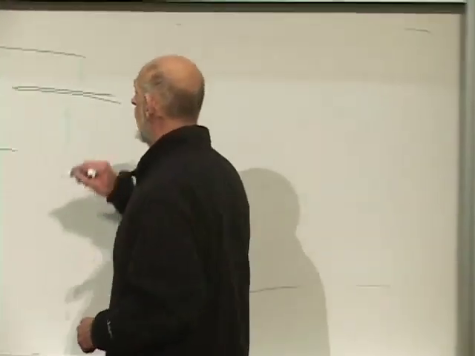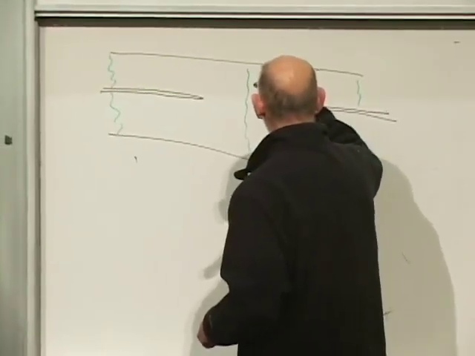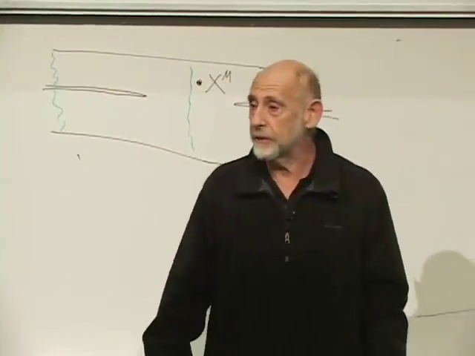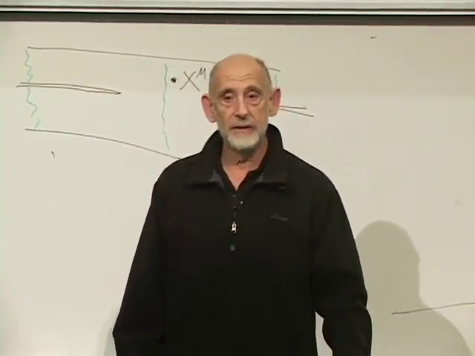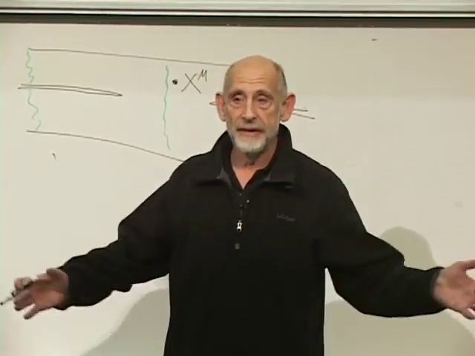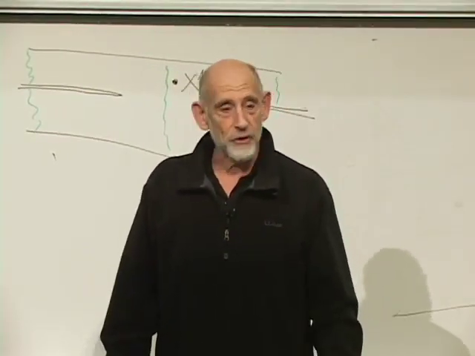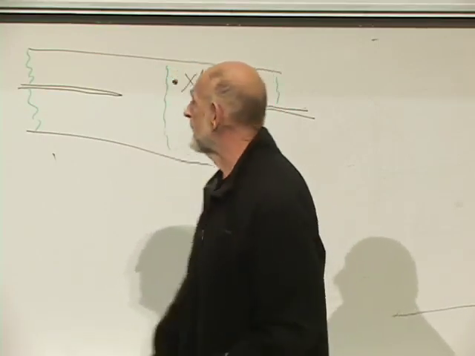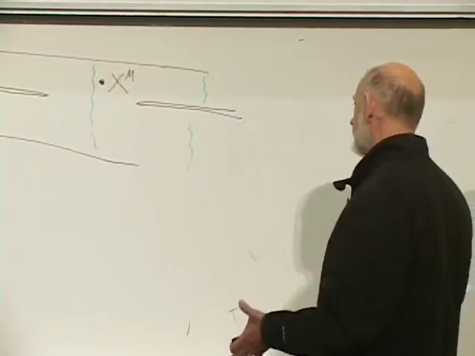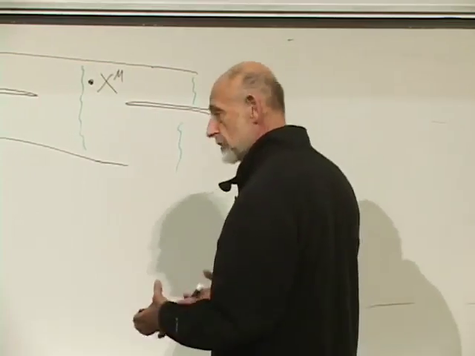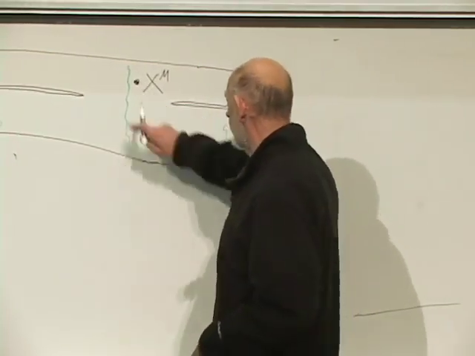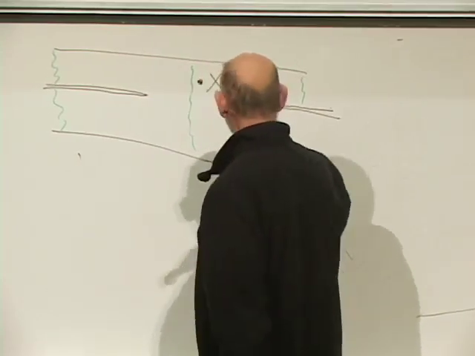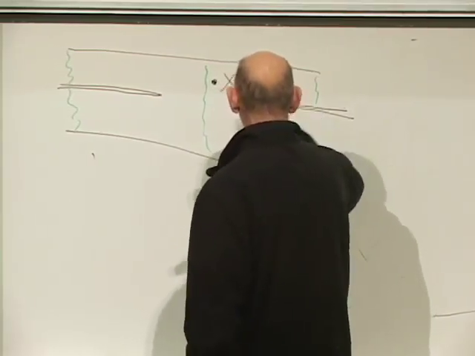So what are they? They're x mu, where mu goes from 0, 0 being time, to the last one. What's the last one? 25 if it's in 26 dimensions, 9 if it's in 10 dimensions. But whatever the collection of coordinates are that describe the location of a point on the string, we call that x mu of sigma and tau, let's say.